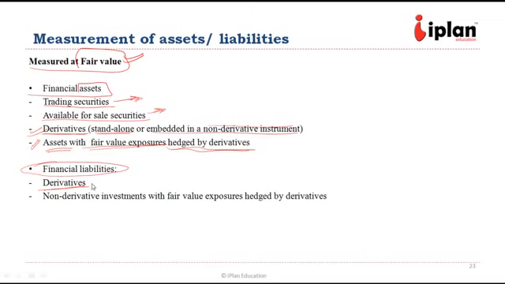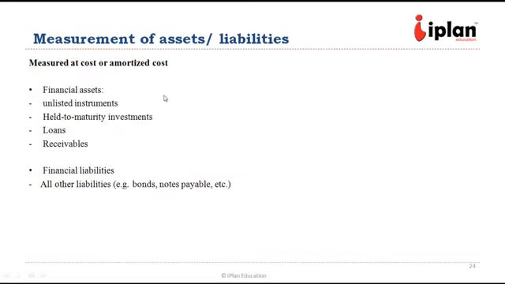Similarly, for financial liabilities, if the derivatives are on the liability side, again they have to be put at fair value. And the non-derivative investments, where their fair value exposure is already hedged by derivatives, in those cases also we will put the financial liability at fair value.